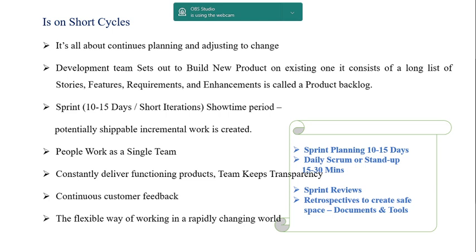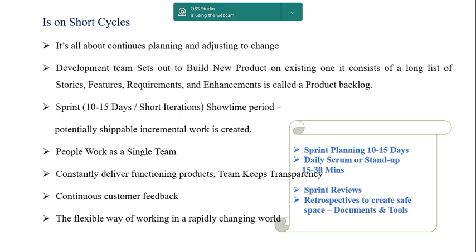It consists of a long list of stories: the requirements, features, and enhancements, all put in one frame, that is a backlog. I can say it is a software requirement specification in new methodologies and new terminologies.